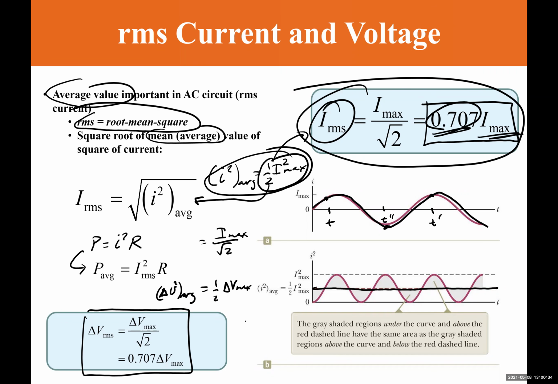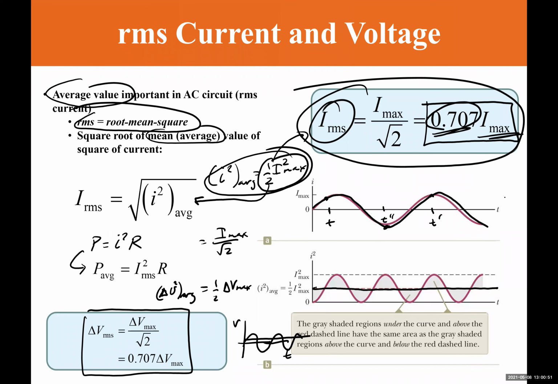Again, that means if I have a graph of the voltage as a function of time, then I can find some kind of RMS value for the voltage, just like here I can have some kind of RMS value for the current.